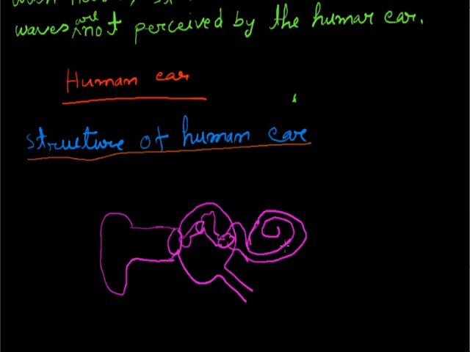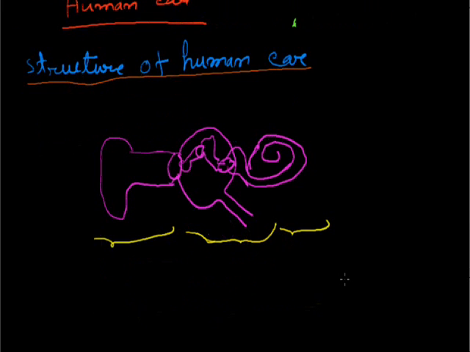These are the structure of the ear. So let us discuss the parts of the ear. It is divided into three parts: outer part, middle part and inner part. We divide it into three parts, from here to here, then here to here, and then the last part.